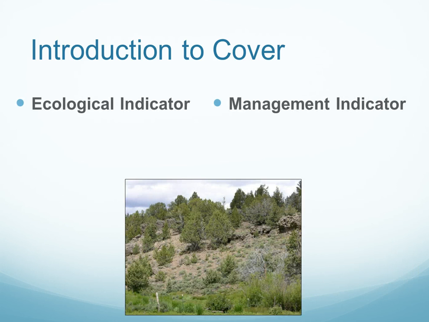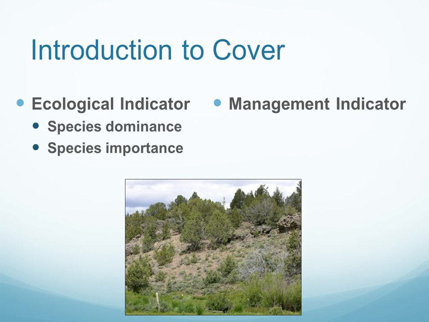Now, cover is a very commonly measured attribute in rangeland systems, and that's because it's an important indicator of both ecological processes and ecological importance, as well as management effectiveness.